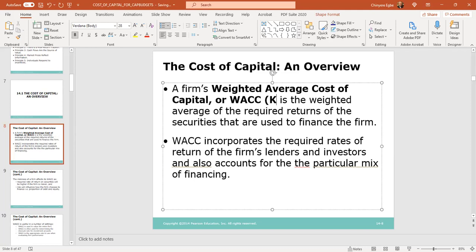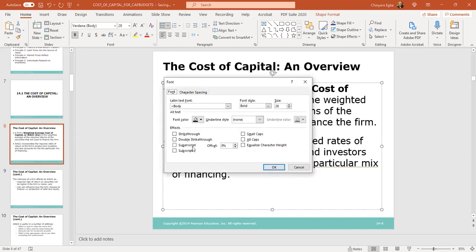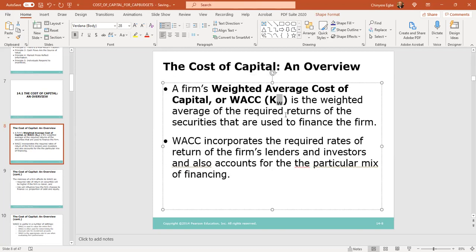I usually call this KC. This weighted cost of capital, not KC, KW. Okay, which is a weighted cost of capital. So I call it KW, which is a weighted cost of capital.